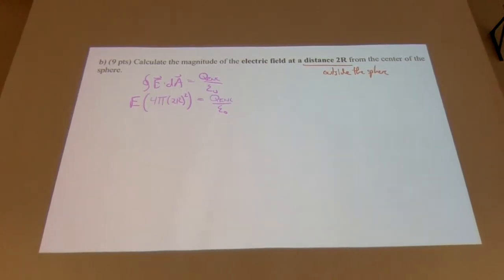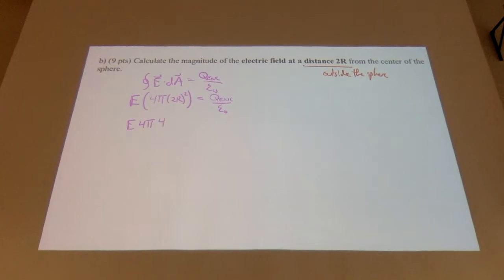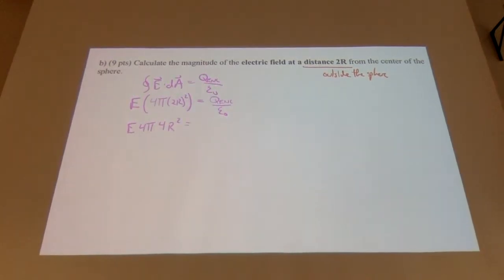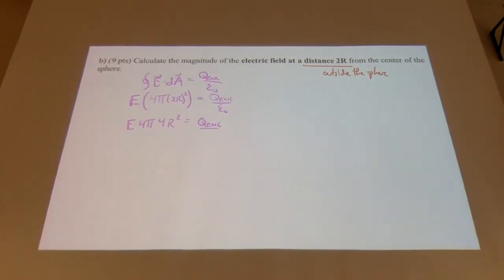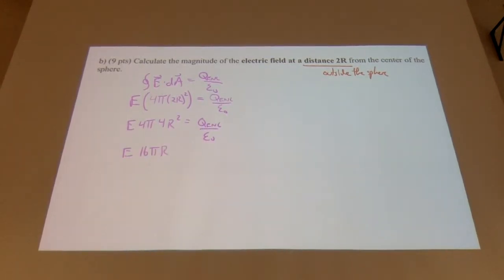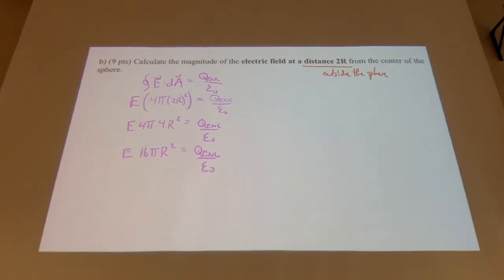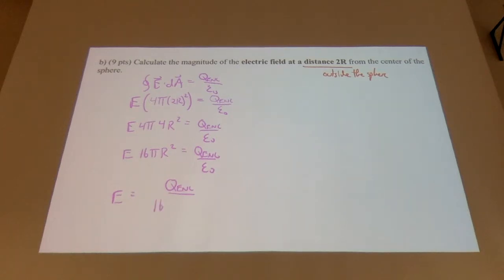It'll follow an approach like this and not a whole lot more. So we've got E times 4 pi, and then another 4, and then r squared equals Q enclosed over epsilon naught. So that's E times 16 pi r squared. Yes, I'm getting tired of rewriting the right-hand side of that equation, but I'm trying to be somewhat complete. So E is equal to Q enclosed over 16 pi epsilon naught r squared.